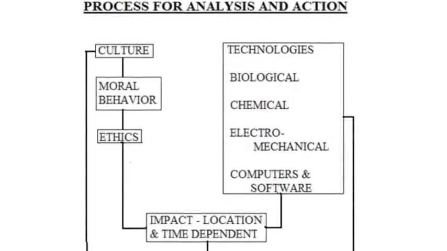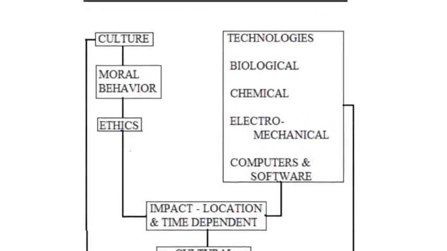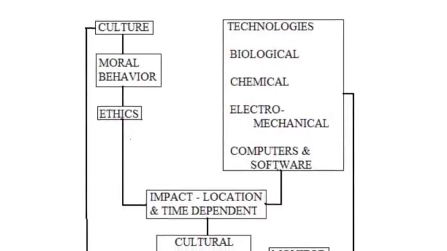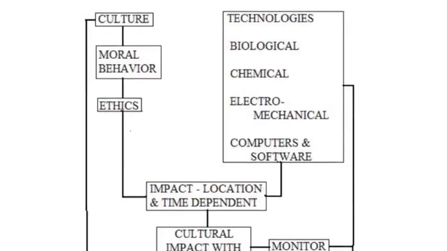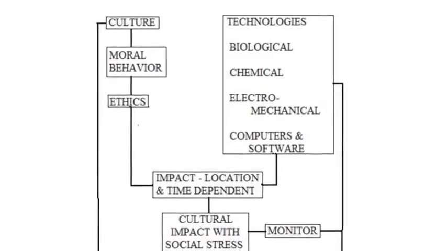Well, we're going to talk a little bit now about the social impact assessment, as I mentioned, and technology assessment application. Before that, though, I'd like to show you a little diagram here that kind of puts everything in perspective. In this diagram, you'll see the culture that you're in, and the associated ethics and moral behavior.